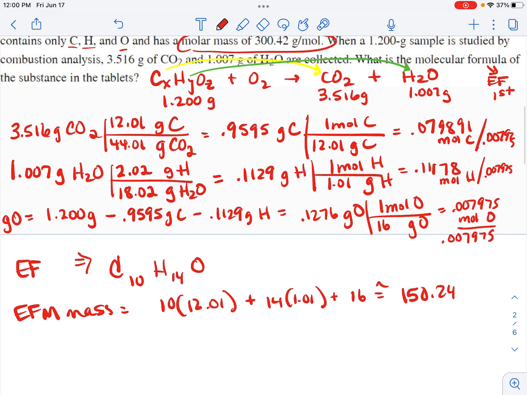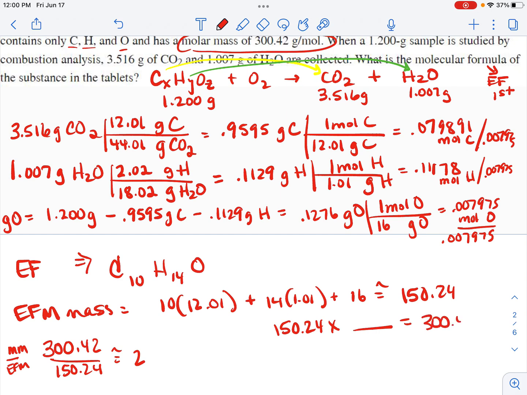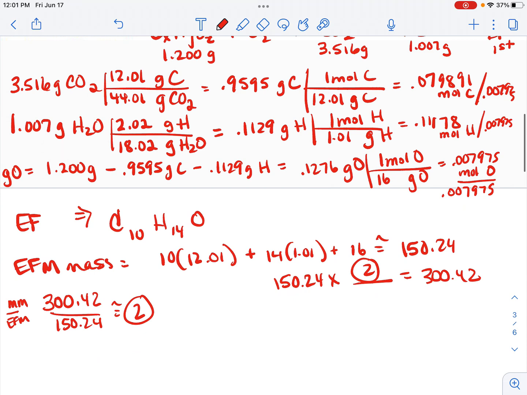So now I need to take the 300.42, that's the molecular mass, and divide it by the empirical formula mass. So that's divided by 150.24, which is approximately 2. Or I do it this way, 150.24 times what equals 300.42, and that would also be 2. So now I'm going to show this work.